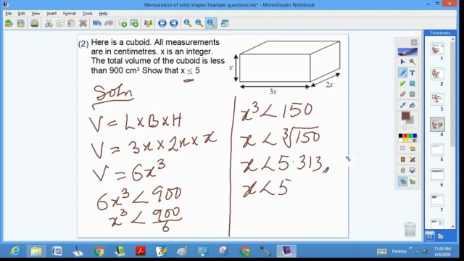So you can see that actually x, from what we determine, is 5.313. So in that case 5.313 is greater than 5, so it agrees with x is less than or equal to 5. So we are correct, or it has been proved.